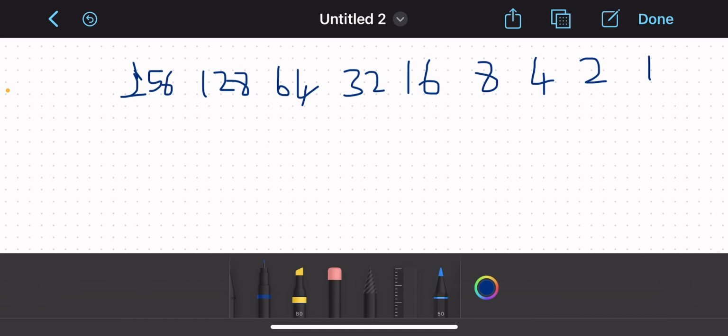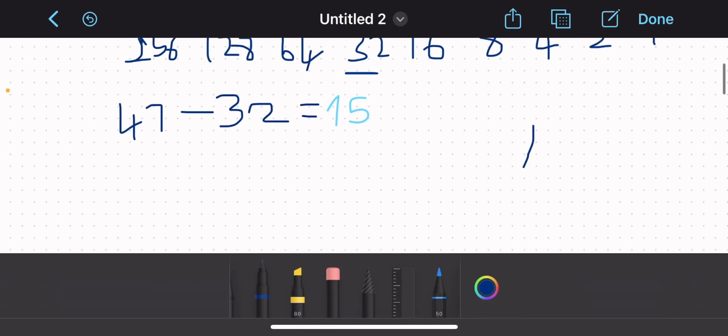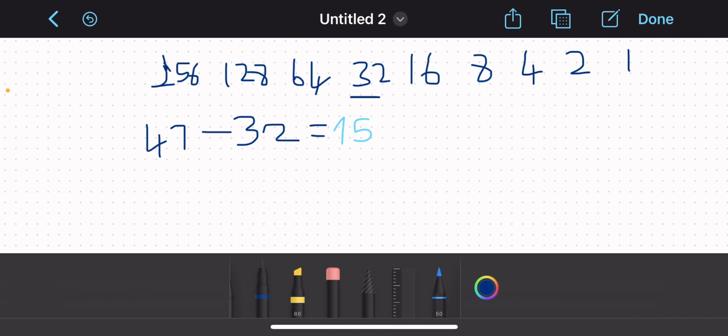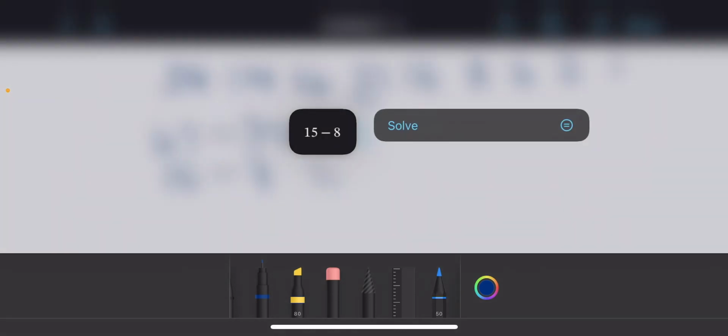Firstly, we look for a number that's less than 47 but closest to 47 from these numbers that we just wrote down. It's going to be 32. So we're going to say 47 minus 32, which gives us 15. And then we look for a number that's less than 15 but closest to 15, which is 8. 15 minus 8 equals 7.